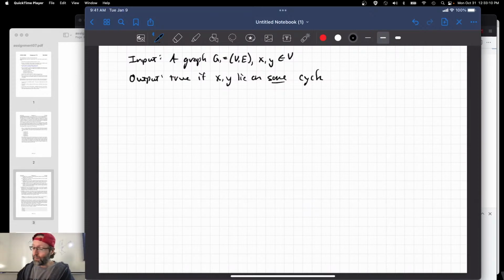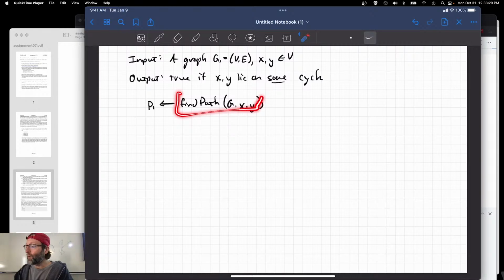So here's my pseudocode. For example, let's suppose that we have access to this other subroutine called find a path, with G, x, and y. We'll come back to this, but this could be formulated as a subroutine.